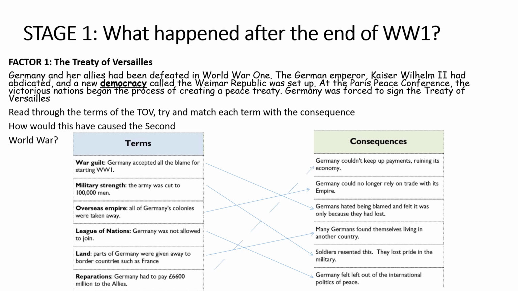Finally, reparations. Reparations links with the consequence on the top there on the side. Germany had to pay 6,600 million pounds to the Allies, and the consequence of this is Germany simply couldn't keep up with the payments. It was so much money for Germany to pay. They had to pay for all the damage caused by the First World War, so all the explosions that happened in towns. They had to clean all that up.